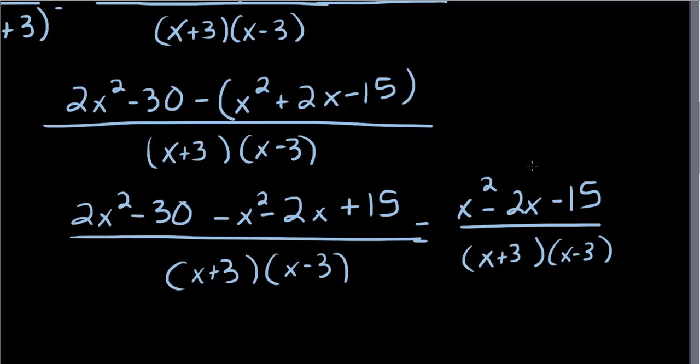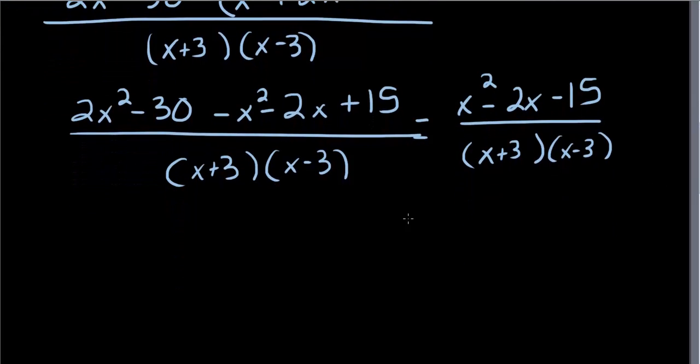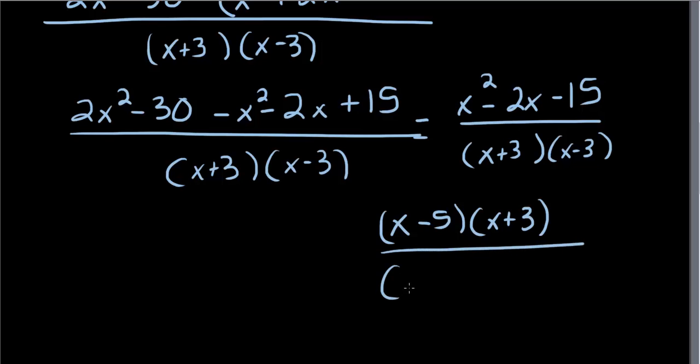And it happens that I can cancel something. If I were to factor this trinomial, I will end up with x minus 5 times x plus 3, because negative 5 times 3 is negative 15, and negative 5 plus 3 is negative 2. Over x plus 3 times x minus 3.